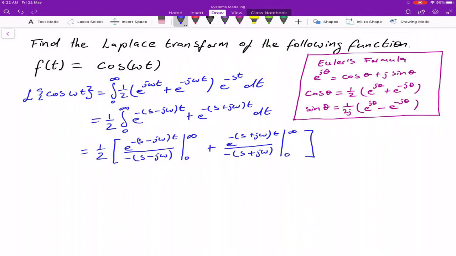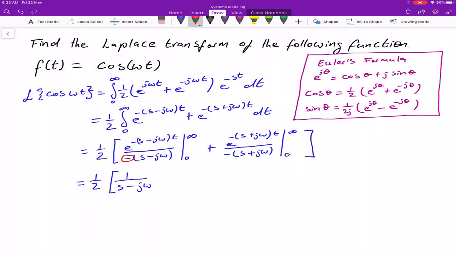Now we need to evaluate this. So you're going to have 1 over 2 times 1 over s minus j omega. And remember, the minus sign here will disappear because we are subtracting.